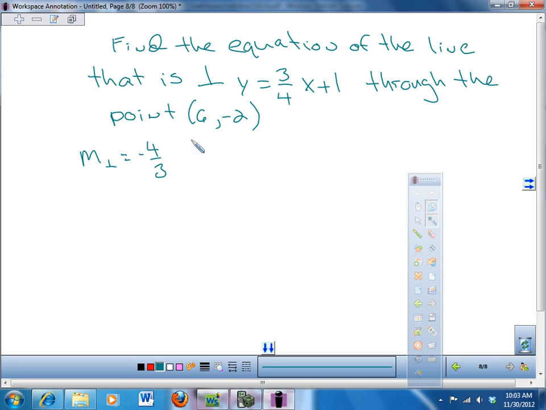There are 2 different ways to do this, and I'm going to show you both of them. One is to use point slope form, which is y minus y1 equals m times x minus x1. You take your m and plug it in, and you take your x1 and your y1 and plug them in.